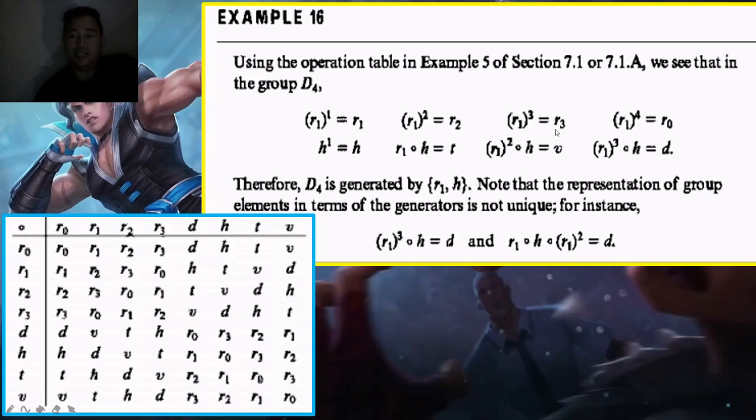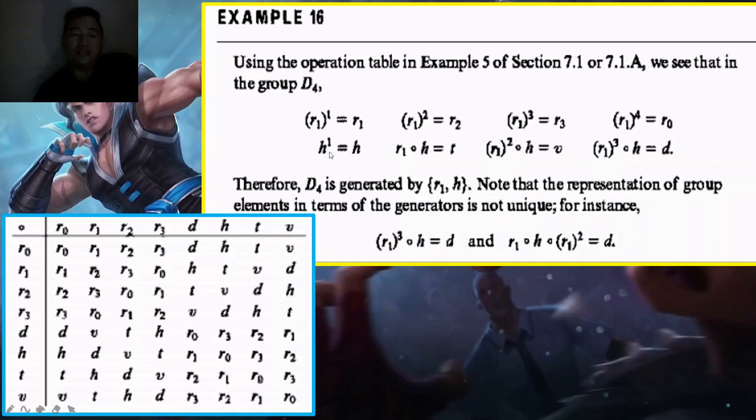R1 to the power of 4 is R3 composed with R1, which is R0, the identity. So you stop here.